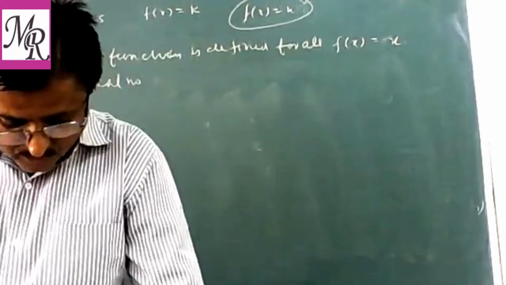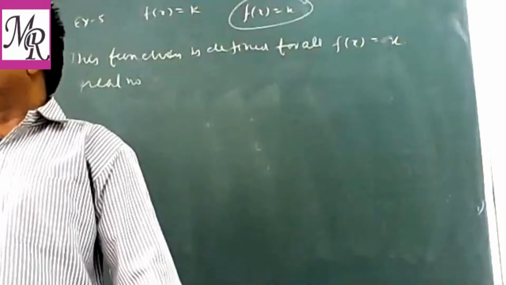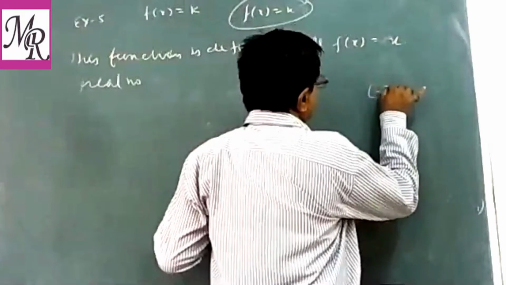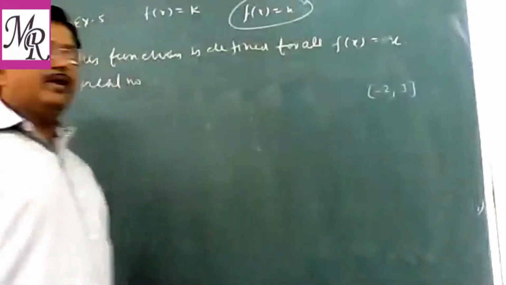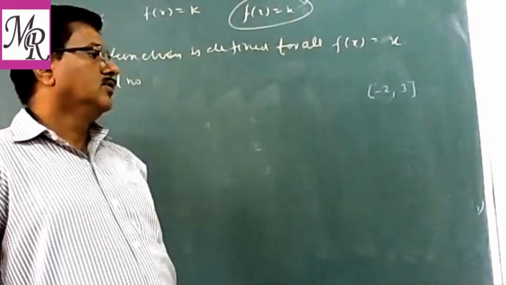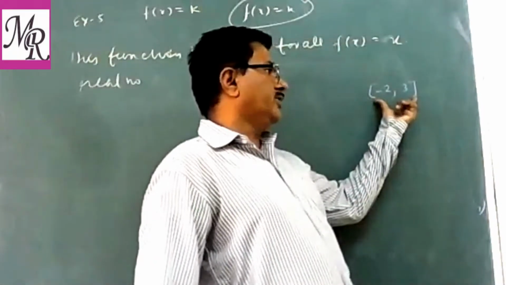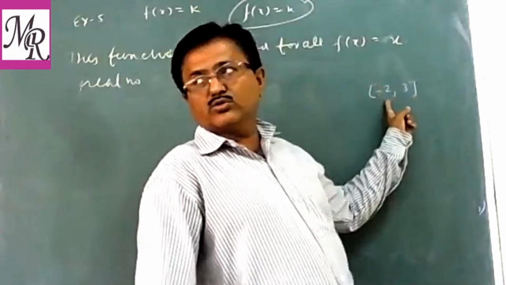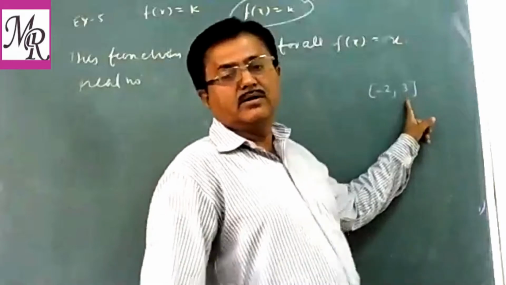Now suppose we are given an interval. Suppose you have to check the given function is continuous in the interval -2, 3. So the function is continuous on this interval. It means it is continuous at every point of the interval.